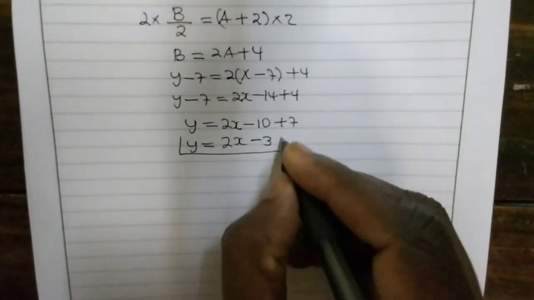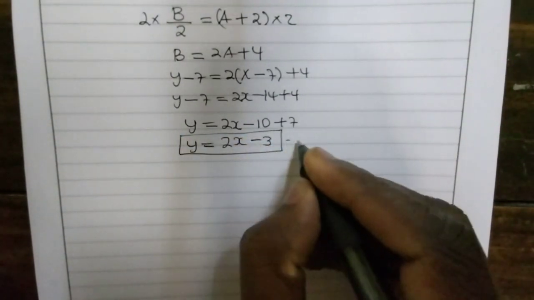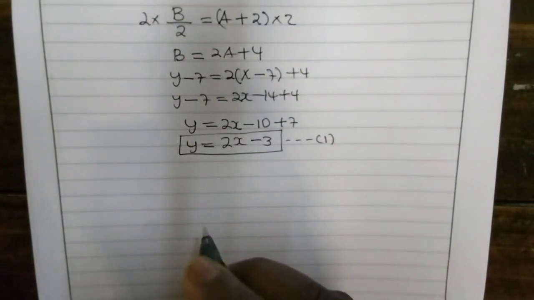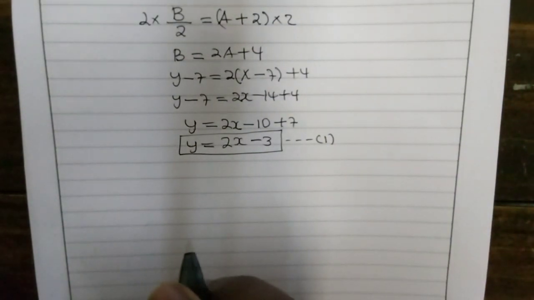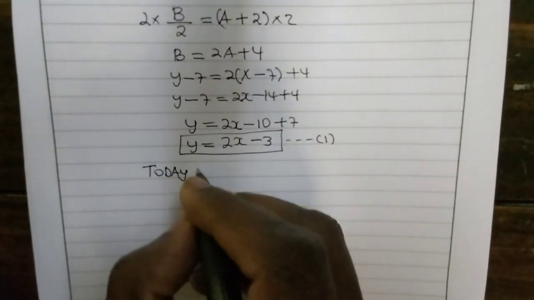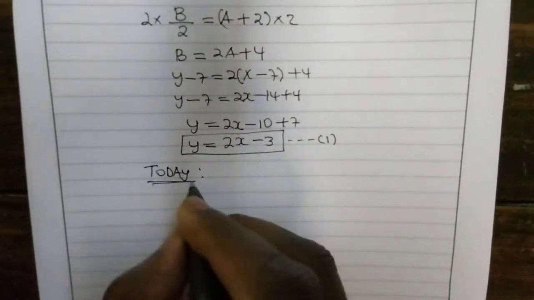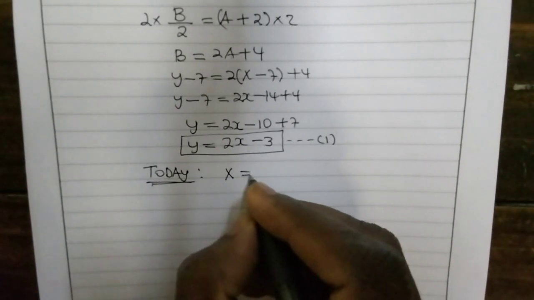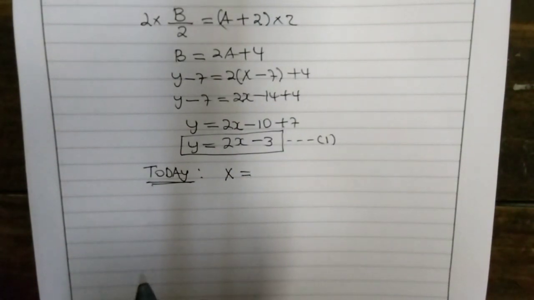Ladies and gentlemen, I have here my first equation. I'm going to call this equation 1. In equation 1 we have my present age as well as my uncle's present age. Now the question continues saying that today, my age, which is X, is 5 years older than 2/5 of my uncle's.